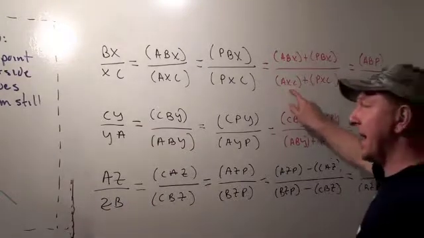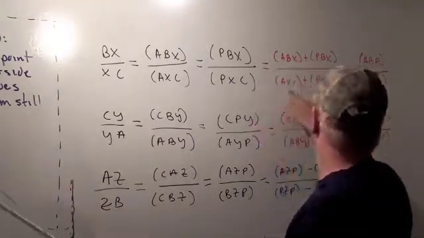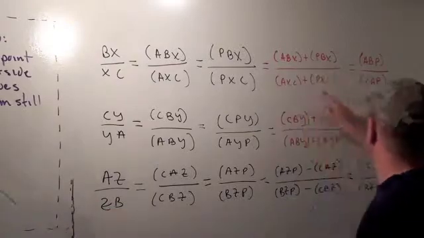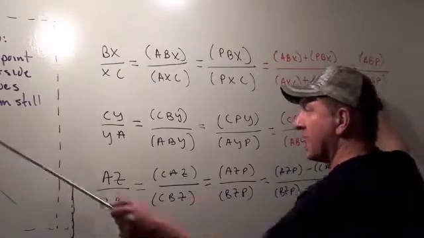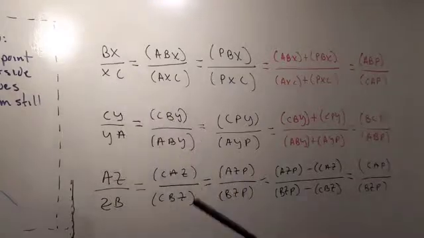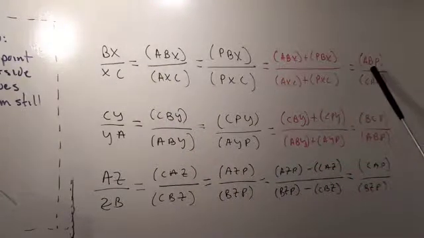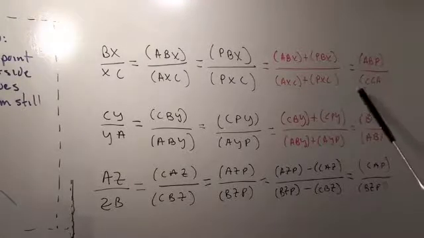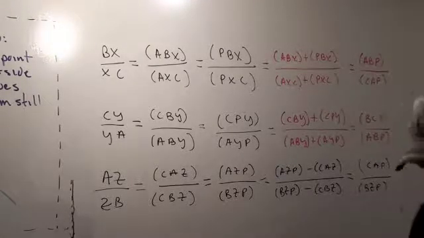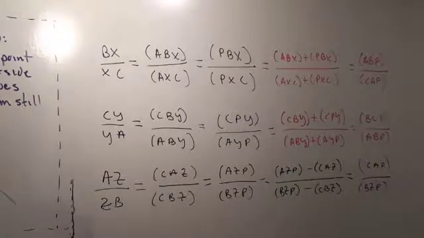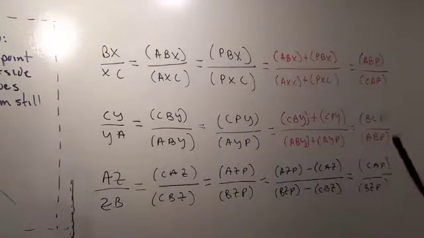And we take the triangle AXC and PXC, and we get the triangle CAP. So BX over XC turns out to be the same ratio as the area of triangle ABP over the area of triangle CAP. And that's nice. So we just have to do one little trick in addition to drawing the picture right, which is instead of subtracting those areas, we had to add them.